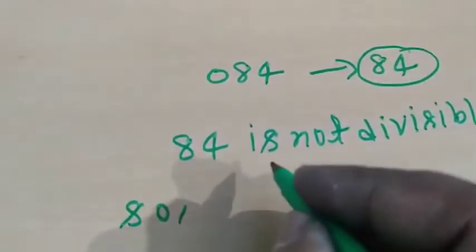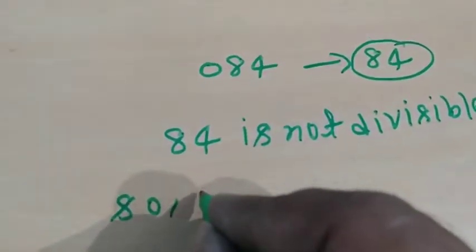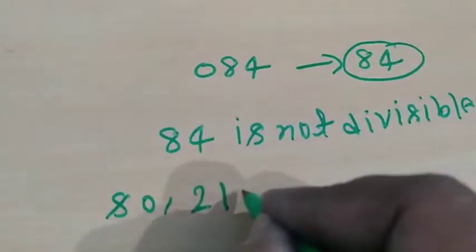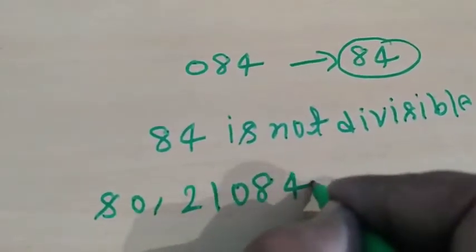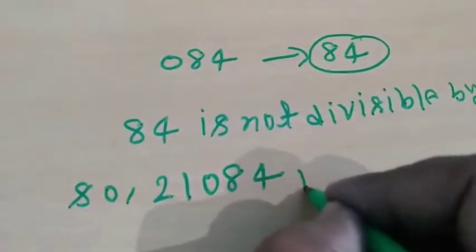So the given number 21,084 is not divisible by 8.